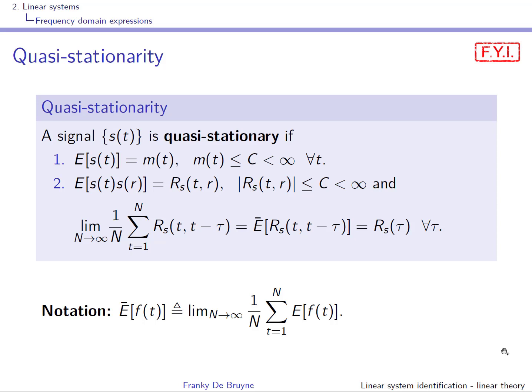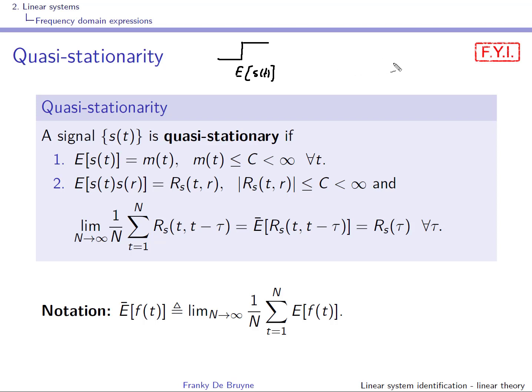So if you look at the step signal that we had considered before, and if you look at the expected value of S of t, it will change with time, but it will be bounded. So a step is indeed a quasi-stationary deterministic signal.